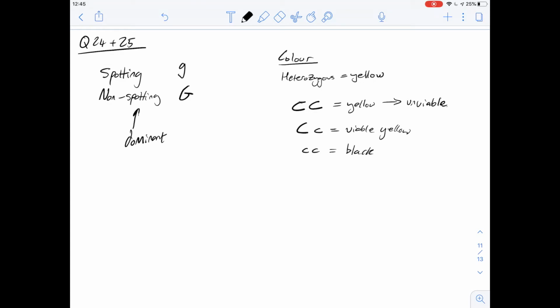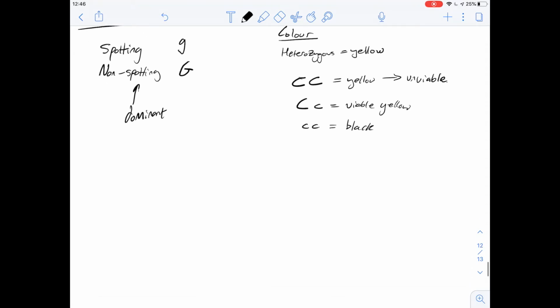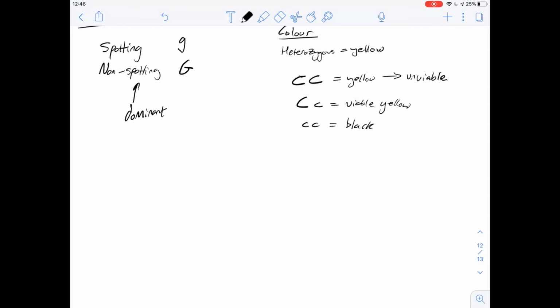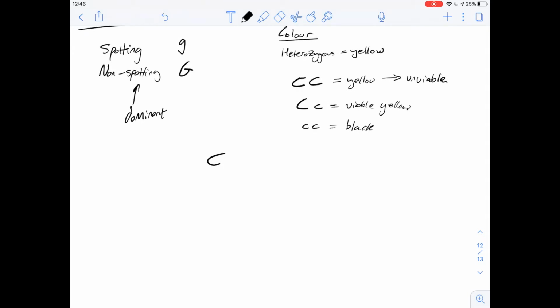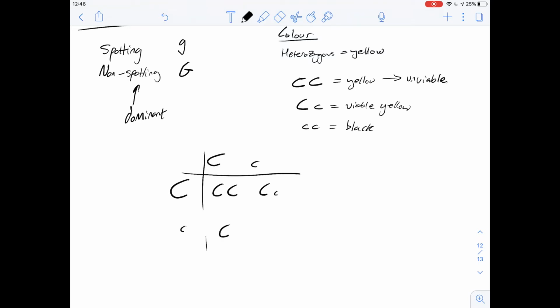Great, so question 24 says, of the following, the most likely proportion of phenotypes in offspring born from a cross between two yellow mice is what? Okay, so there's only one possibility for what a yellow mouse might look like, and that's going to be heterozygous like this. So if we did our Punnett square here, we would get this distribution of outcomes.